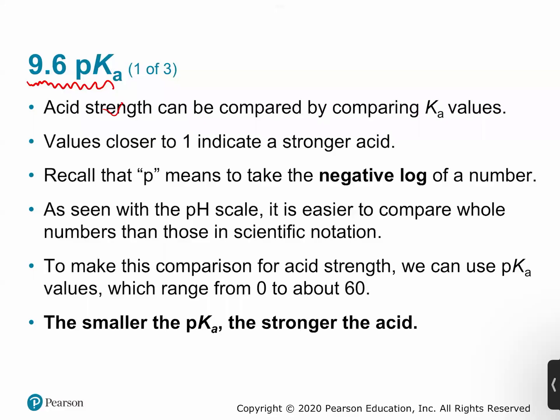All right, we are on chapter 9.6. We're talking about pKa. And what's this all about? We talked about K, which is the equilibrium constant, whenever we were talking about weak acids.